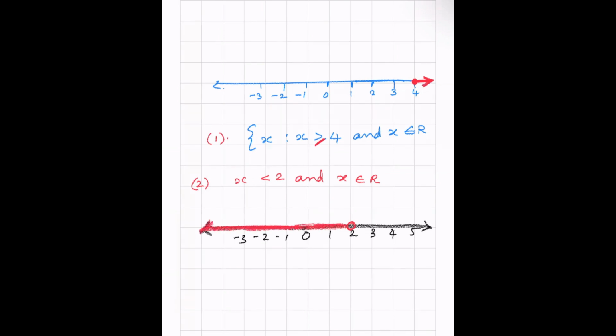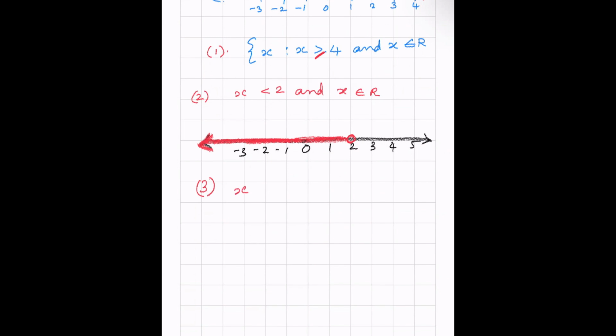Understood why I am not darkening this circle? Because 2 is not included. If they had written x less than or equal to 2, then I should darken 2 also. I would be darkening that circle at 2. But since they have not given the equal to symbol, I should put a hollow circle here.